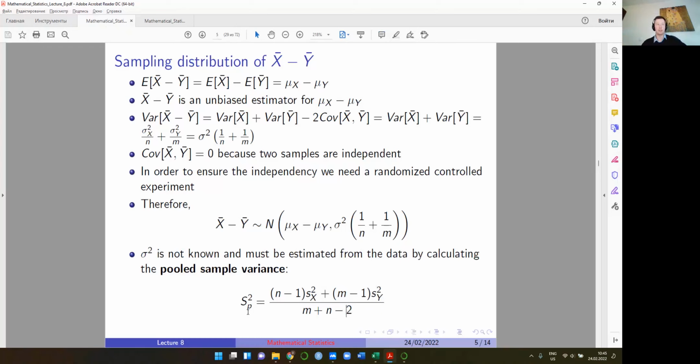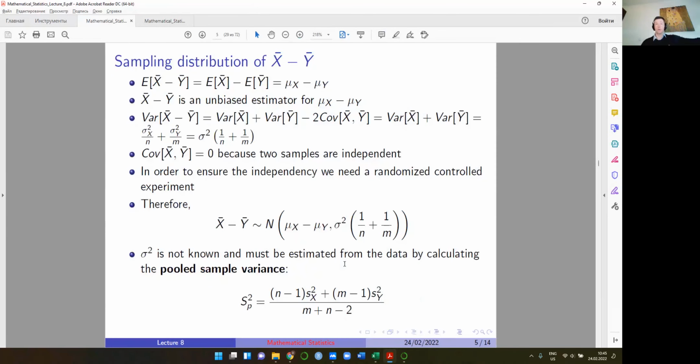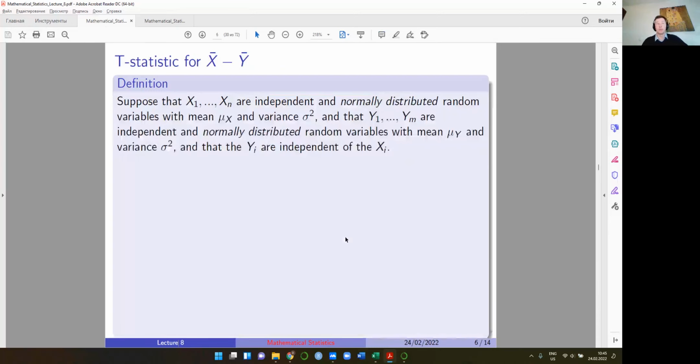This is the estimator for the pooled variance. Okay, so now we know everything. We know the distribution of x bar minus y bar. We know how to deal with sigma squared, which is unknown. Now we can establish all the necessary statistics for the construction of the confidence intervals and for making the hypothesis tests.